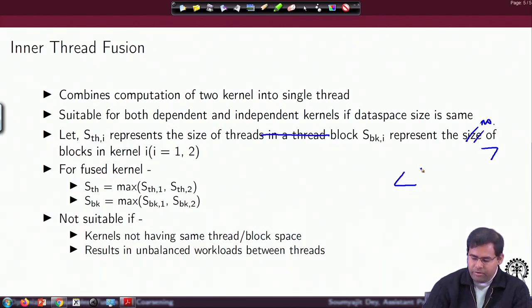I need to identify what my number of blocks is, and what my number of threads per block is.